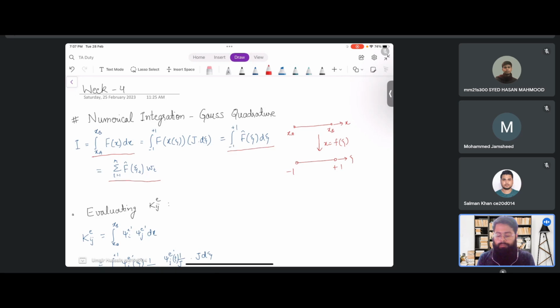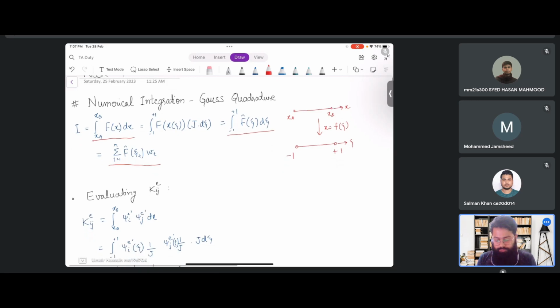Depending on the type of function, suppose the order of the polynomial we are using, we can choose the number of points we are using. The more quadrature points we use, the more the error reduces, so the more accurate this method becomes. So this was about Gauss quadrature.